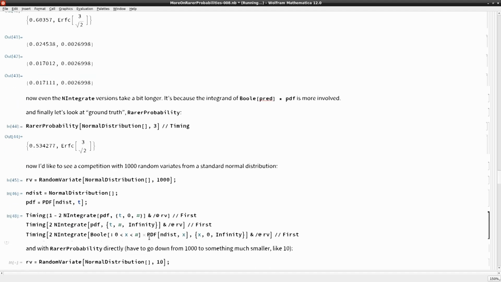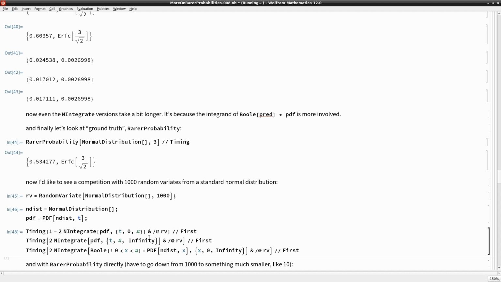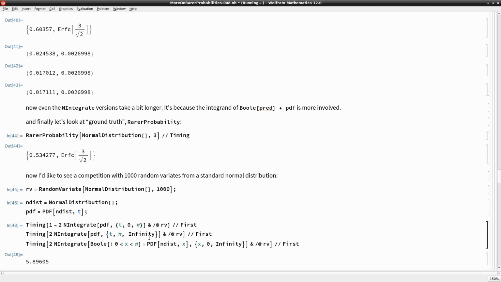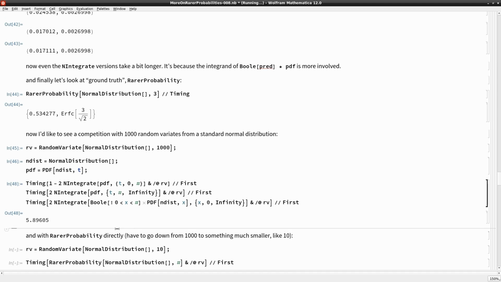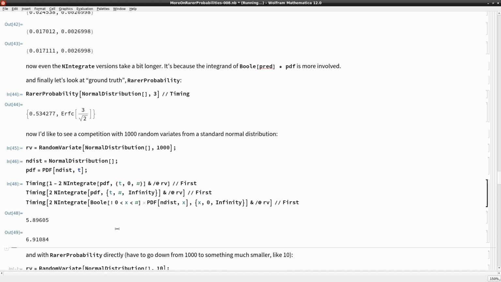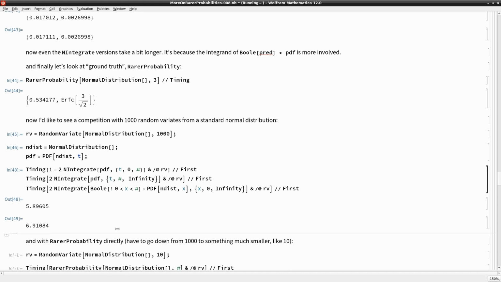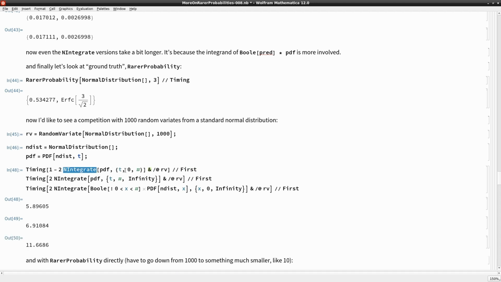And when we do it this way, we see clearly that we're getting the fastest result when we are splitting up the domain. And we also see that we are getting the fastest result when we use what I introduced as version 1, 1 times 2 times the integral that is only one-sided.